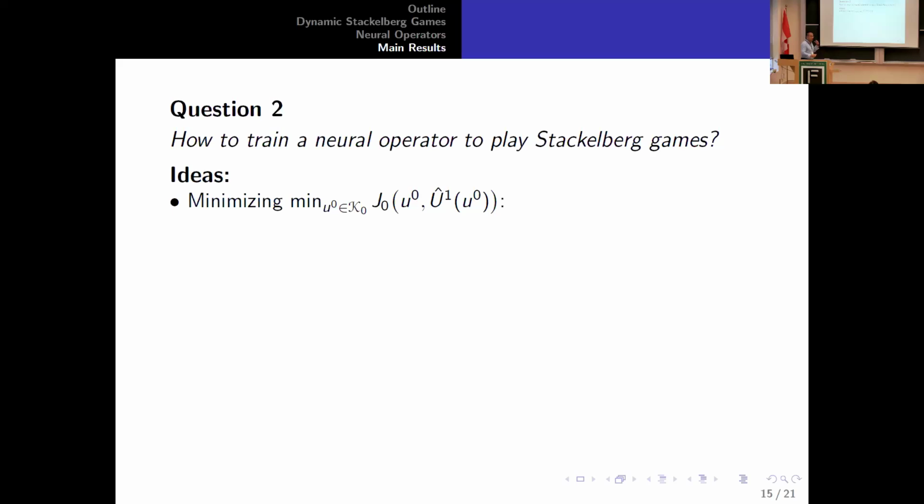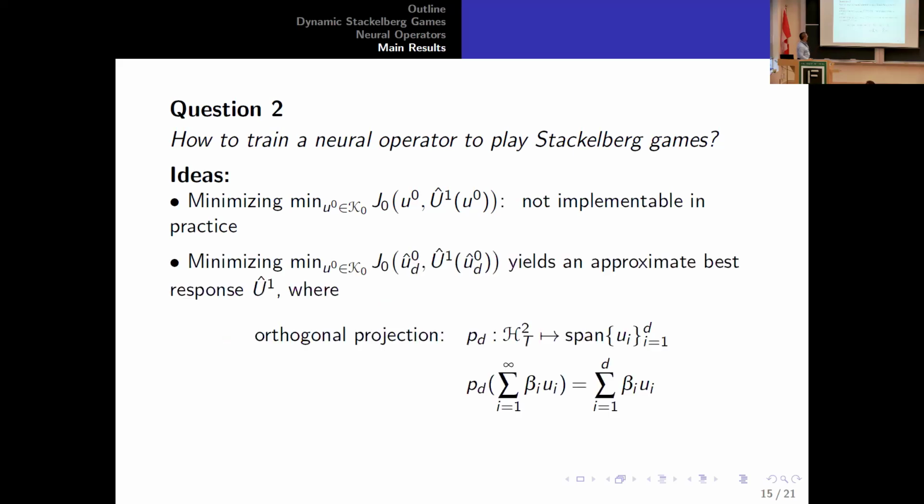We need to train it by minimizing this mean value to determine the parameter values. That is a natural idea, but the problem is it's not implementable in practice. Why? Because the K0 is infinite dimensional. Theoretically it's okay, but if you want to write an algorithm to do it, it's not implementable.